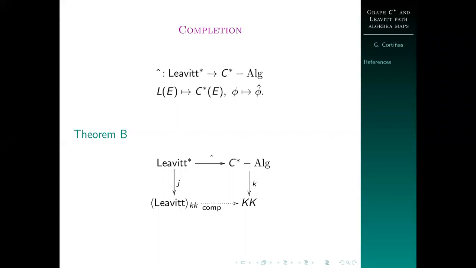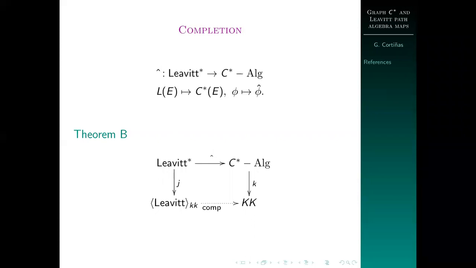So you can do this. So the theorem says that you can do this, and well, it doesn't make sense to say that it is triangulated because I didn't add the cones of all maps between Leavitt path algebras to the domain of the completion functor, I just took as objects only the Leavitt path algebras.